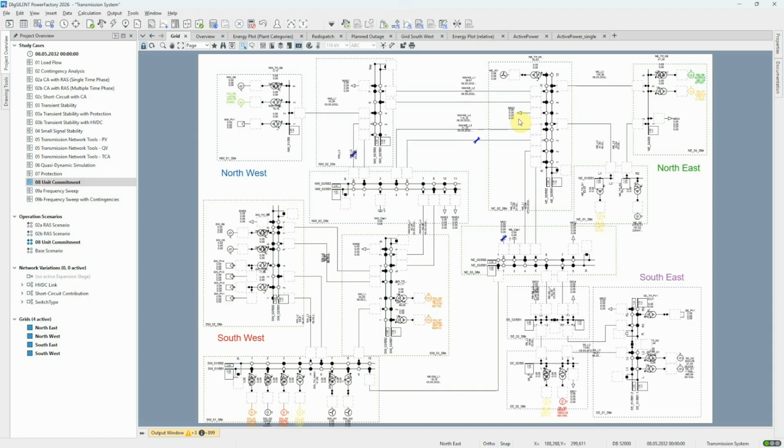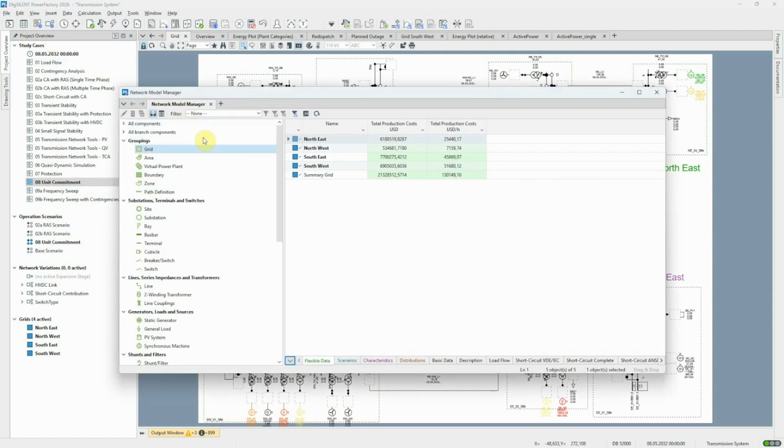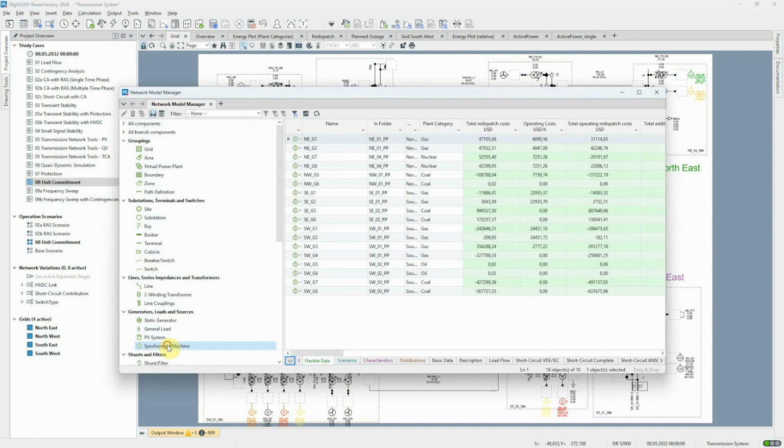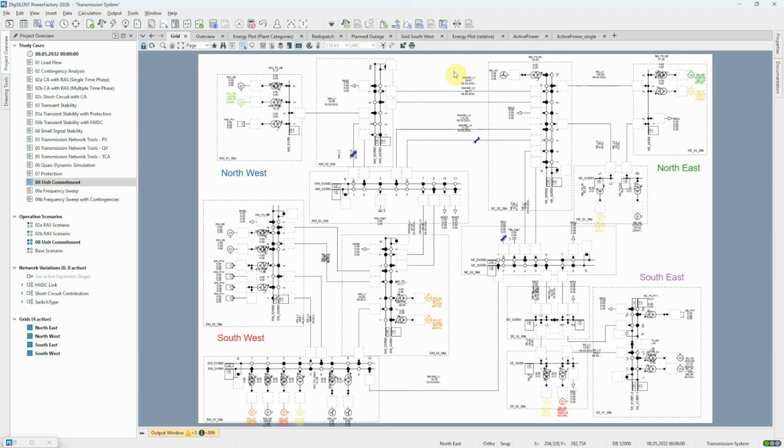After execution, there are several ways to view and investigate the results. Statistical results can be viewed in a flexible data page or on a graphic. And result quantities across the time period are also available and can be visualized using plots.